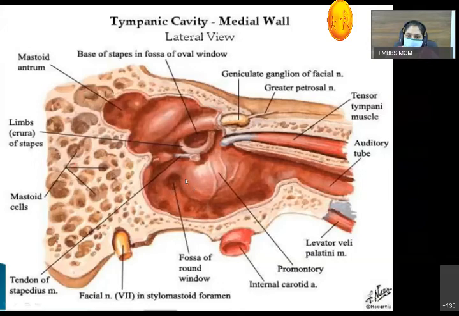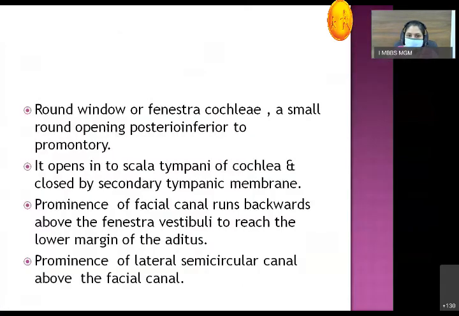And if you see the posterior-inferior part of the promontory, there will be the fossa of the round window, also called the fenestra cochleae. It is again a small opening which is present posterior-inferiorly to the promontory.